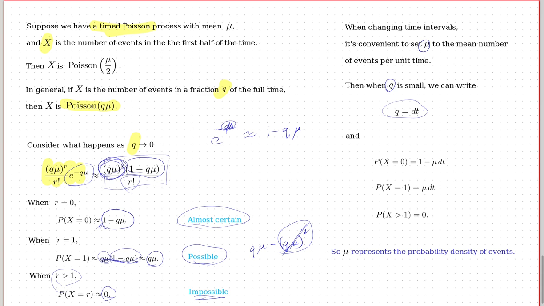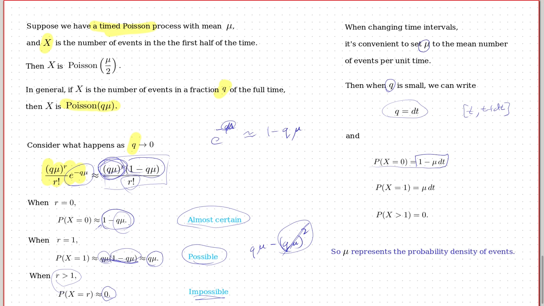So if I replace q by dt in the previous formulas, then what we see is that in an infinitesimal time interval, so basically we're looking at a time interval from t to t plus dt, right? Then the probability of no events is basically 1 minus mu dt, right?